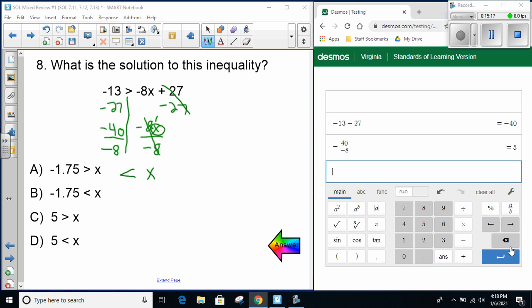So negative 40 divided by negative 8 is positive 5 because a negative divided by a negative is always a positive. So your answer could be read as 5 is less than x, or if you read it this way, you would say x is greater than 5. So you should have picked choice D.